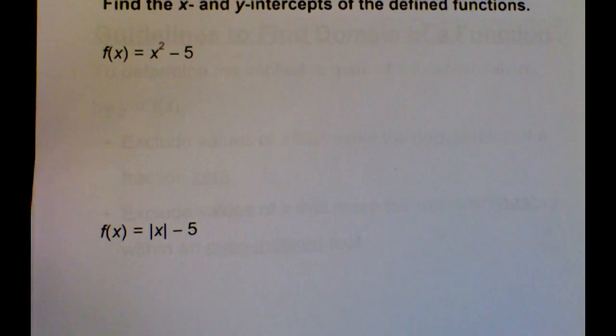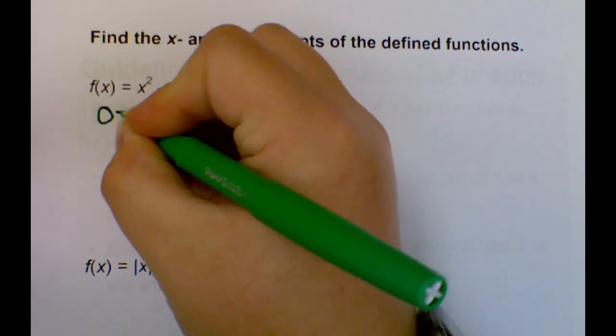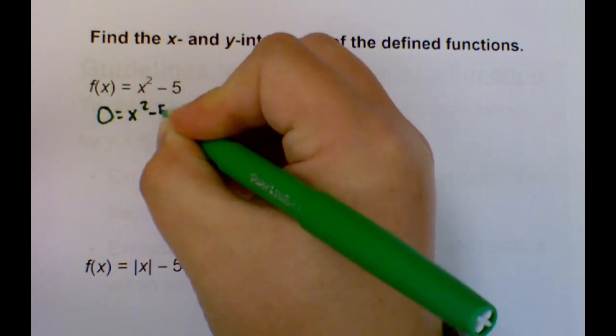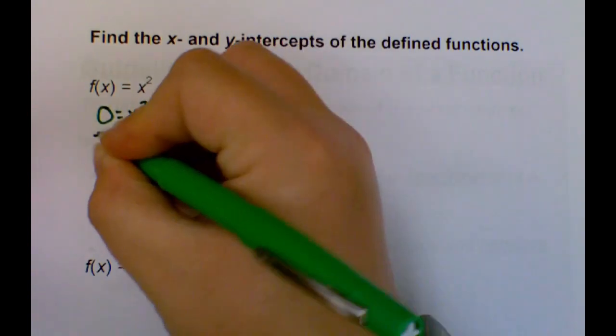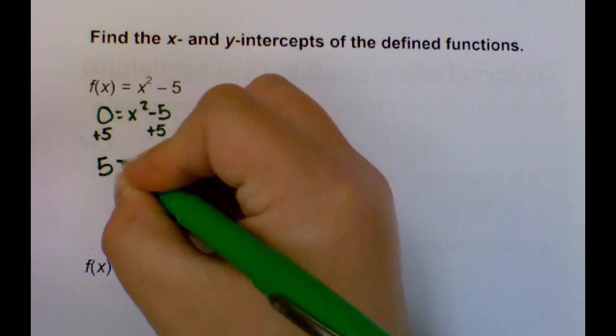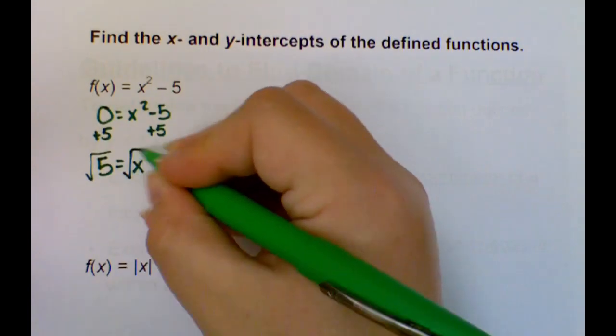So let's find our x and y intercepts for each of these functions. Let's start with the x-intercepts of x squared minus 5. So I set the equation equal to 0, and then solve for x. Well, to solve for x, I add 5 to both sides. I get 5 equals x squared. To undo my square, I take a square root.